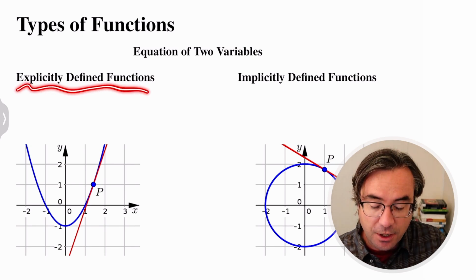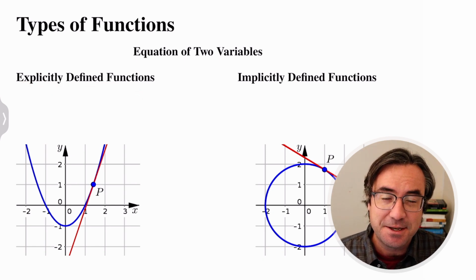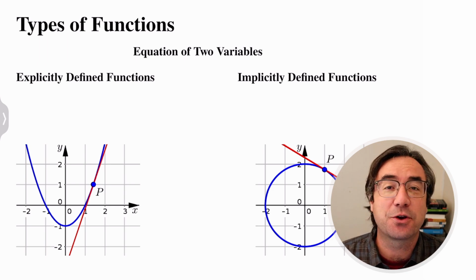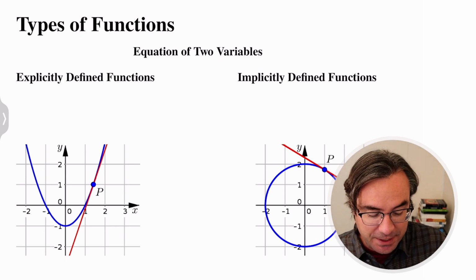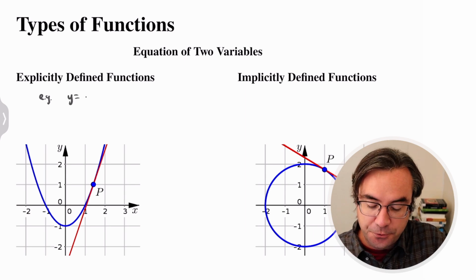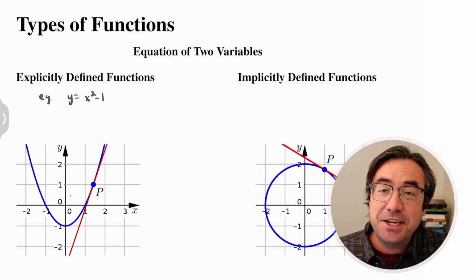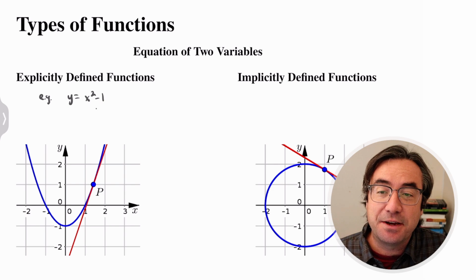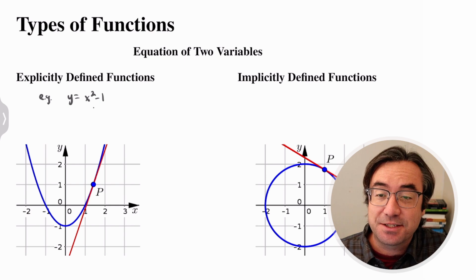So there's what we call explicitly defined functions. And this is basically everything we've looked at in the course so far. As a quick example, y equal to x squared minus 1. That's the graph that we see here. That's an explicitly defined function. So what we're doing here is we have an equation of two variables, and we're writing y as a function of x.